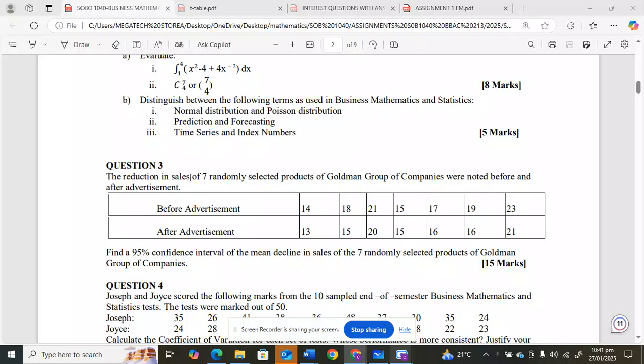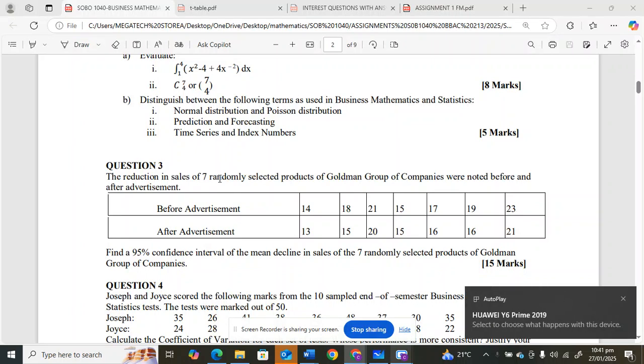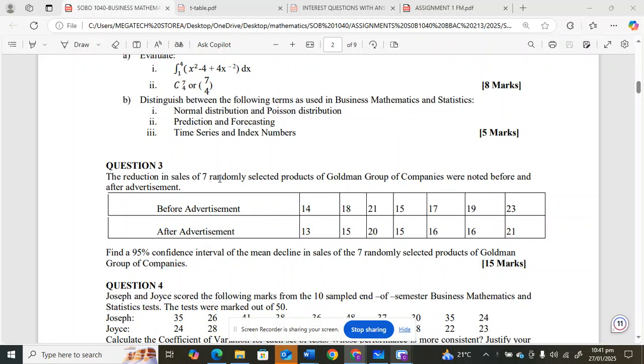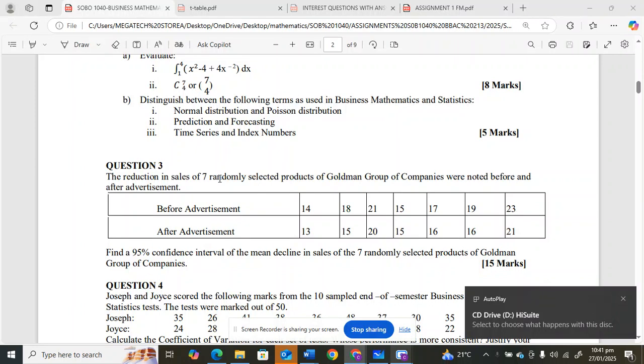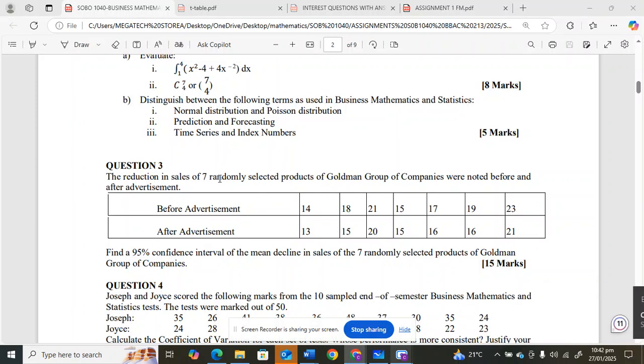All right, so the reduction in sales of seven randomly selected products of Goldman Group of companies were noted before and after an advertisement. Find a 95% confidence interval of the mean decline in sales of the seven randomly selected products of Goldman Group of companies.